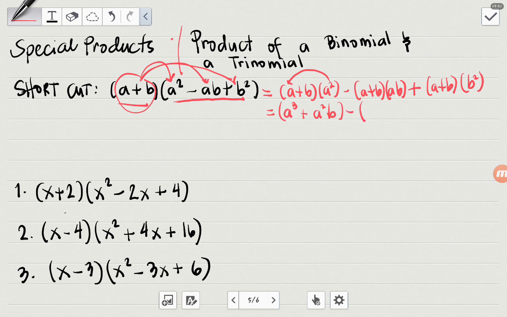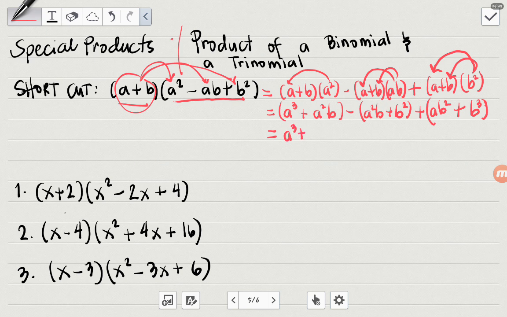Minus this one again, ab times a, you have a square b, b times b square, so plus b square, plus, again, distributive property, b square times a, you have ab square plus b square times b, b cube. Dahil may exponent ng 1 si b. So, let's eliminate, tanggalin natin si parenthesis, yung mga grouping symbols.